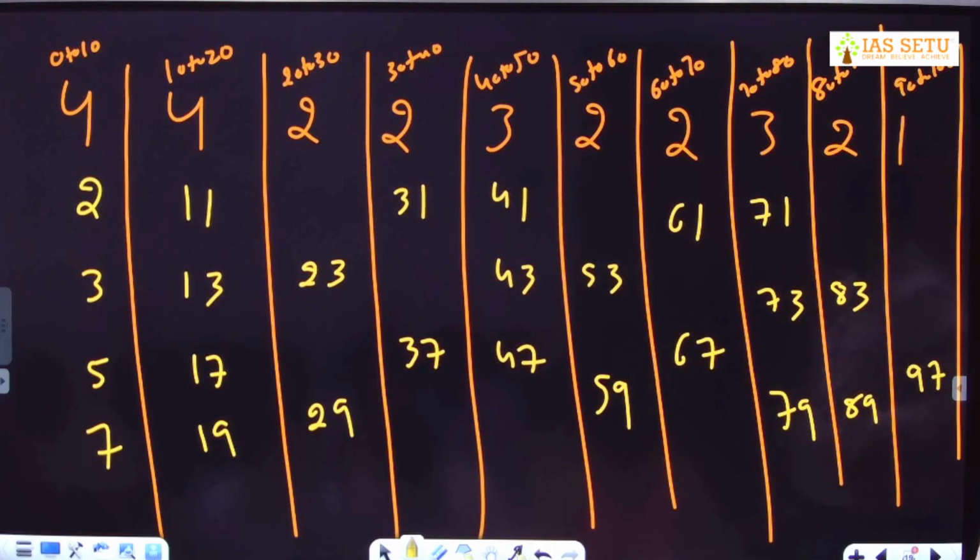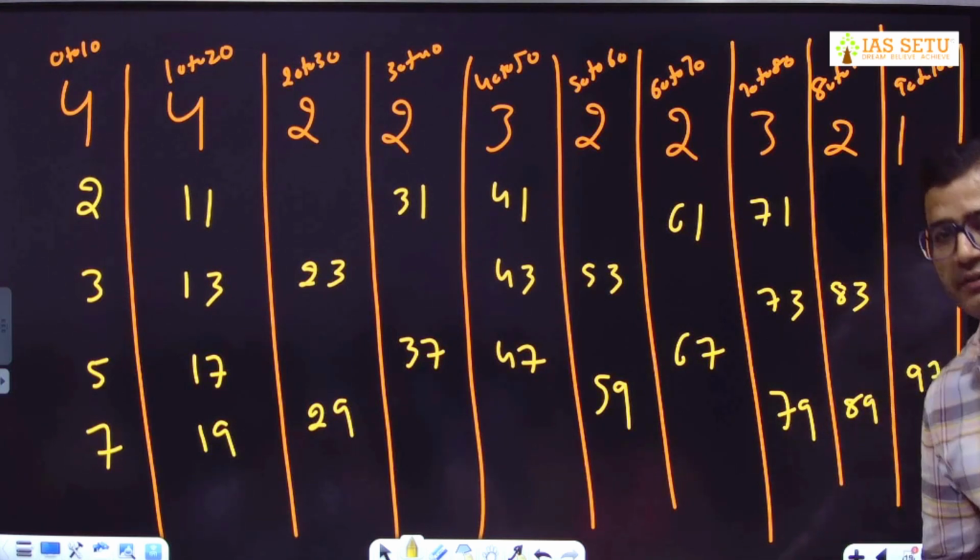From 90 to 100, 97 is the only prime number. Here, 97.